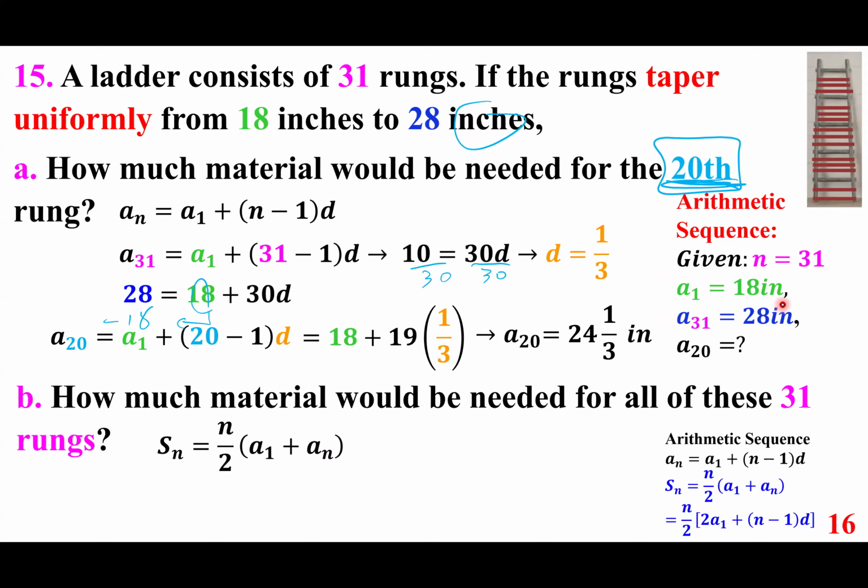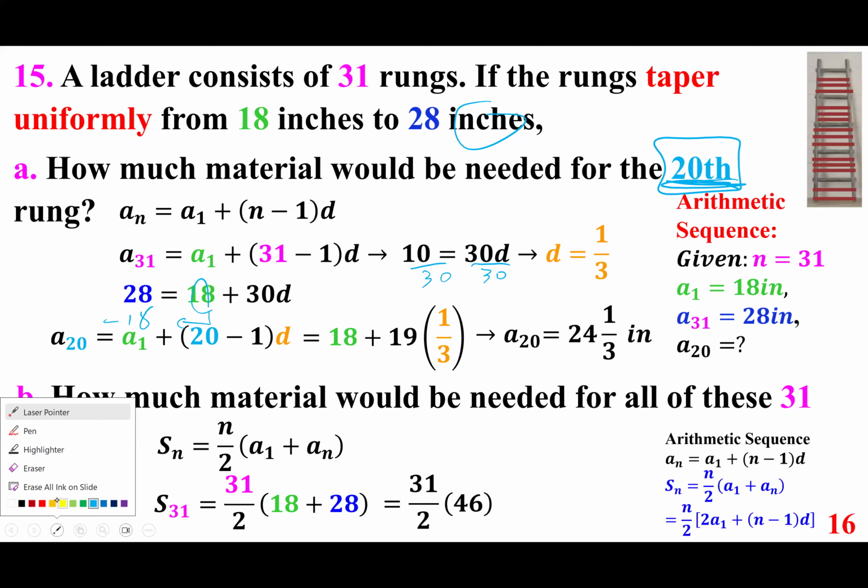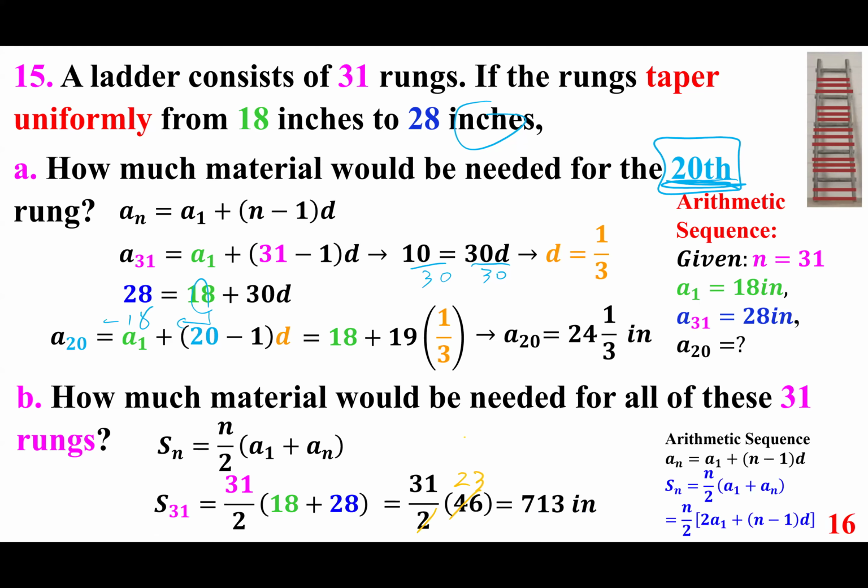And the first one is 18, and the last one is 28. 18 and 28 is 46. So 46 divided by 2 is 23, times 31 is 713. And the units, same units, inches.